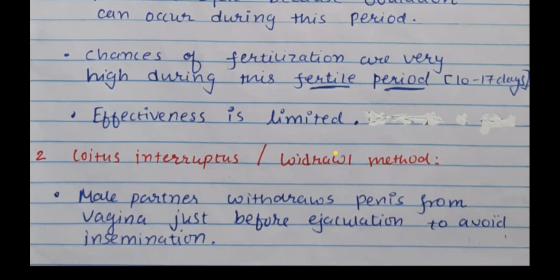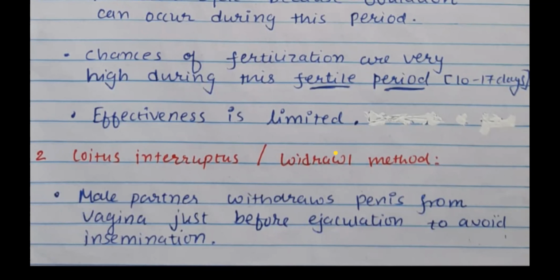So now semen does not enter the female reproductive tract. If no semen, then no sperm. If no sperm, no fertilization. So the second method is coitus interruptus or the withdrawal method: the male partner withdraws his penis from the vagina just before ejaculation to avoid insemination.